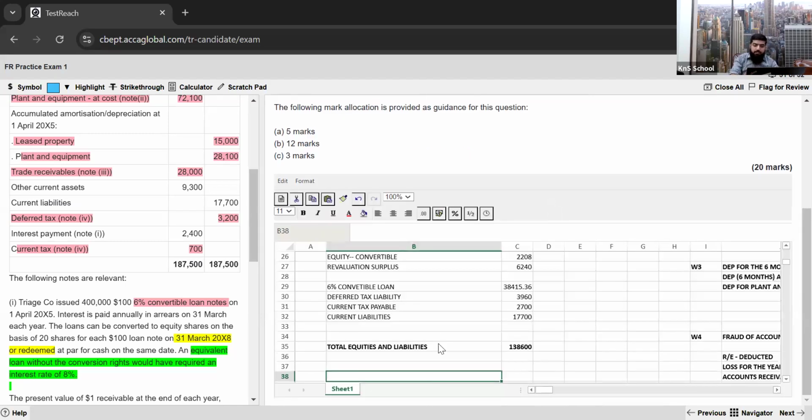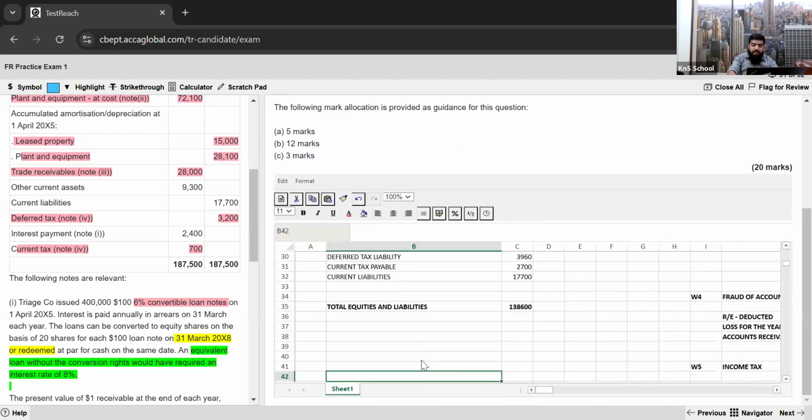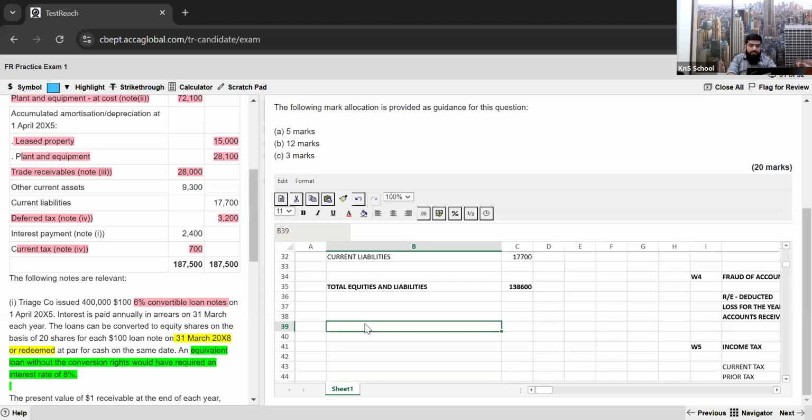In order to calculate the diluted EPS, the formula is: we take the profit after tax, and we add up the interest saved.